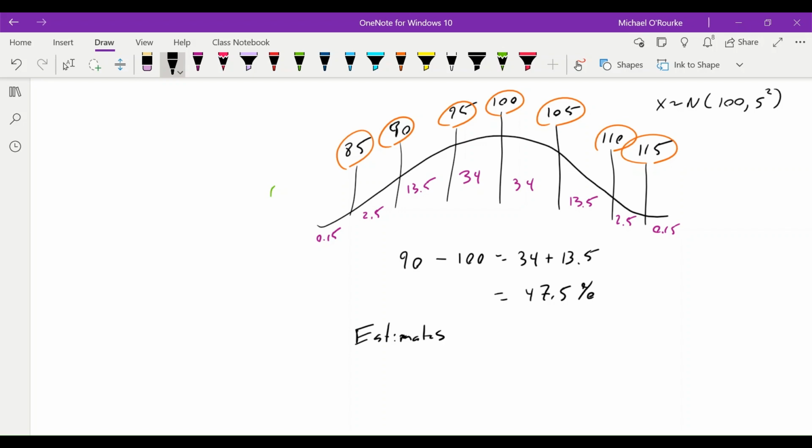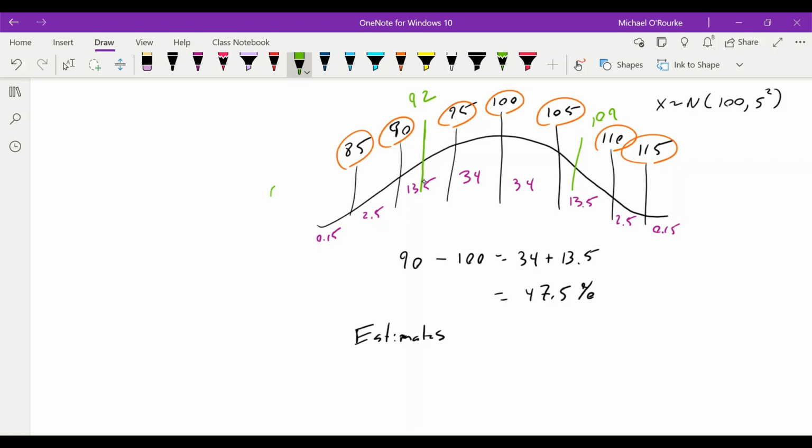But what would happen if I was looking for, let's say, a score of 92? Or a score of like 109? What percentages would I work from there? I can't use it because it doesn't land right on.